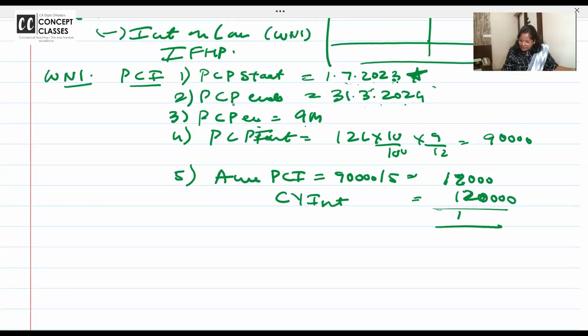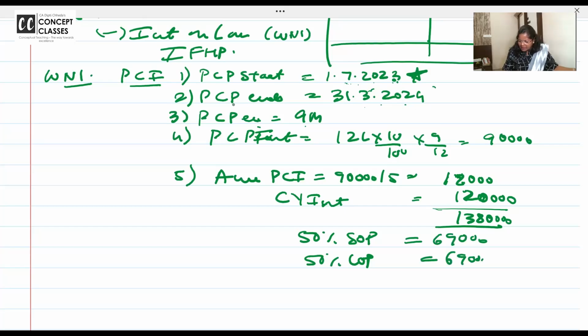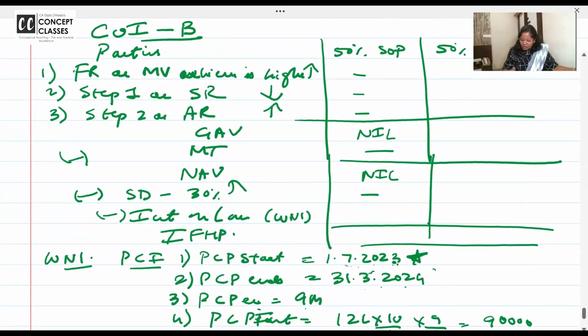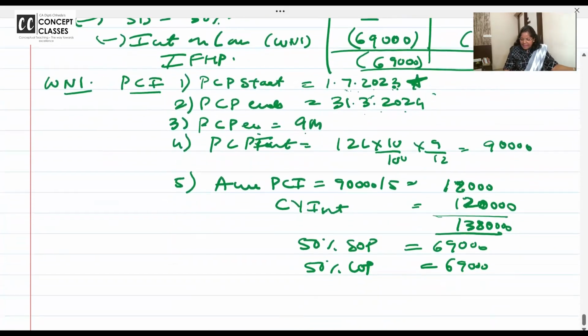So total interest is 1,38,000. 50% for the self-occupied, 50% for the let-out. 1,38,000 in your calculator, divide by 2, since half was self-occupied. That gives 69,000 interest. This is also 69,000. Are you with me? Have you completed till here?